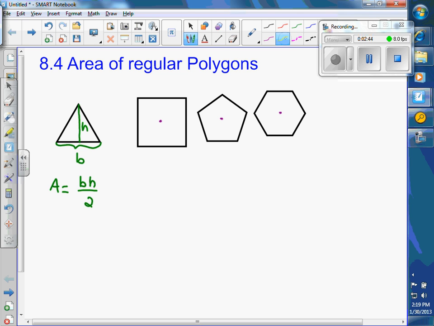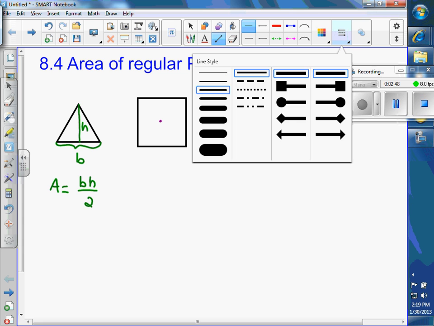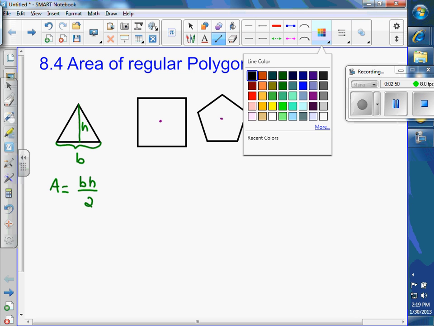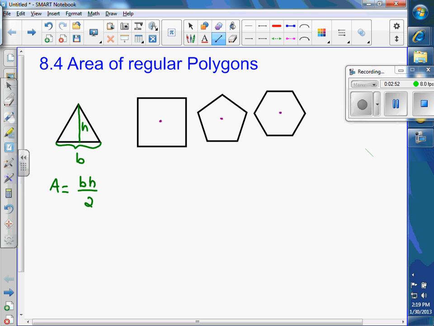And if you take that a little bit further, like in a hexagon, you could break this into 6 equal triangles, and then in a pentagon, you could break them into 5 congruent triangles.